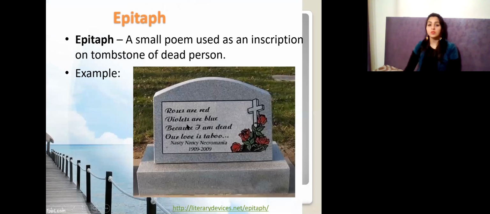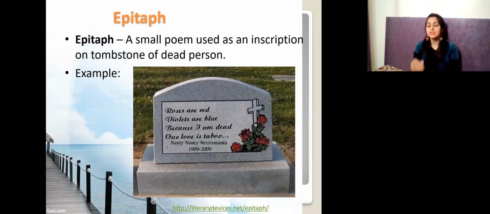Okay, epitaph. What do you mean by epitaph? A small poem used as an inscription on the tombstone of a dead person. Now, it can be a small description also, like if you want to describe yourself on your resume, it can be in a poetic form as well. Not necessarily does it have to be on a death.